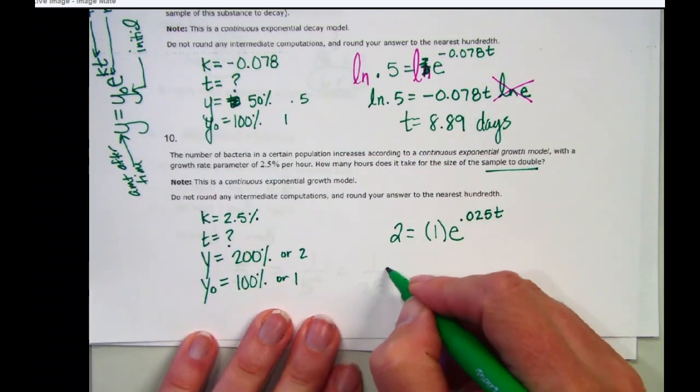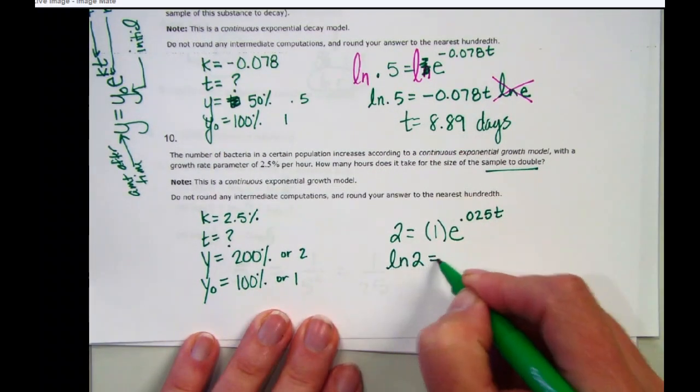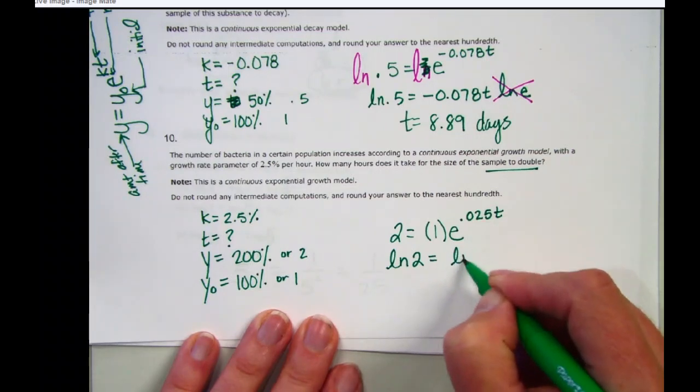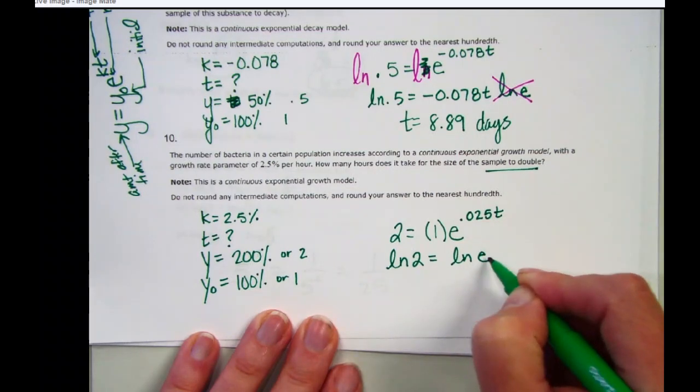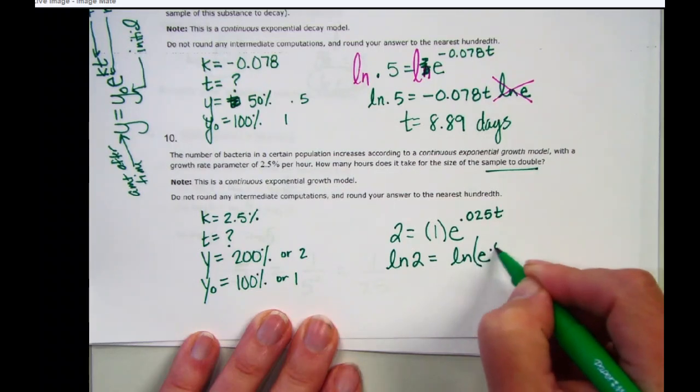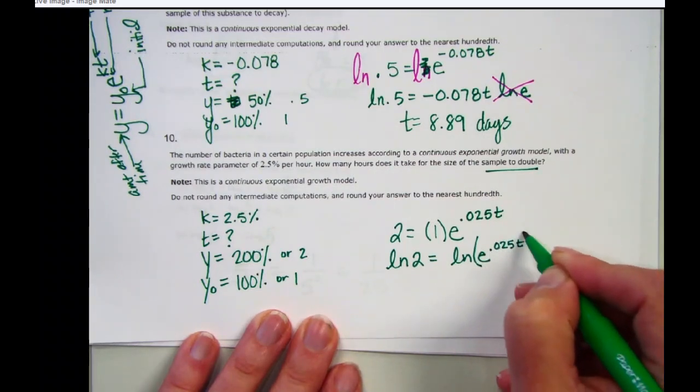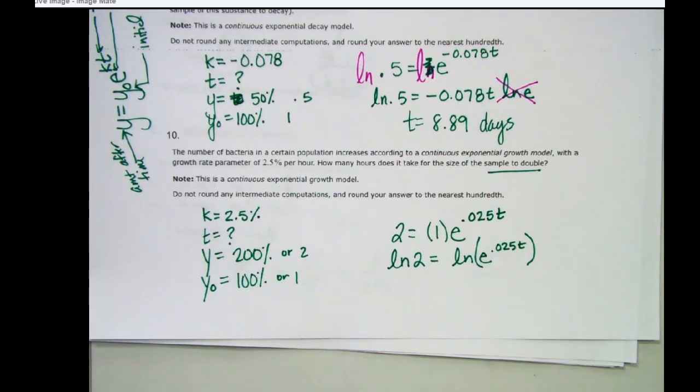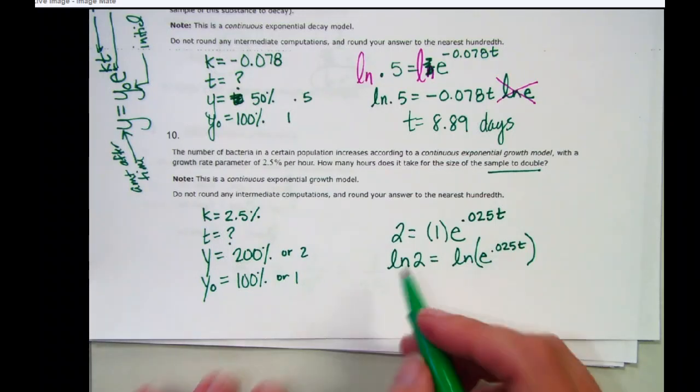ln of both sides? And then what are we going to do? Move that exponent.